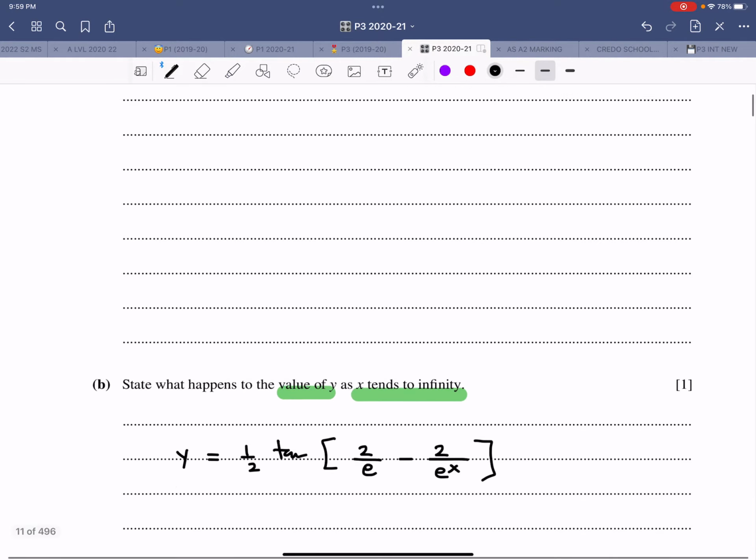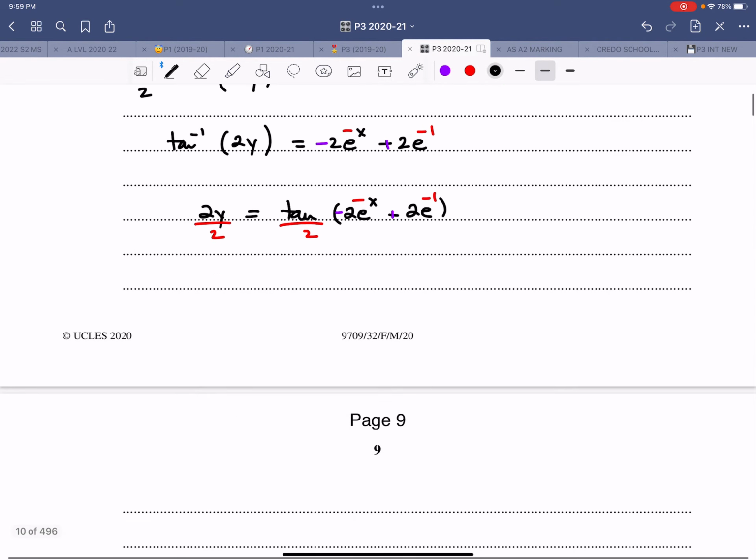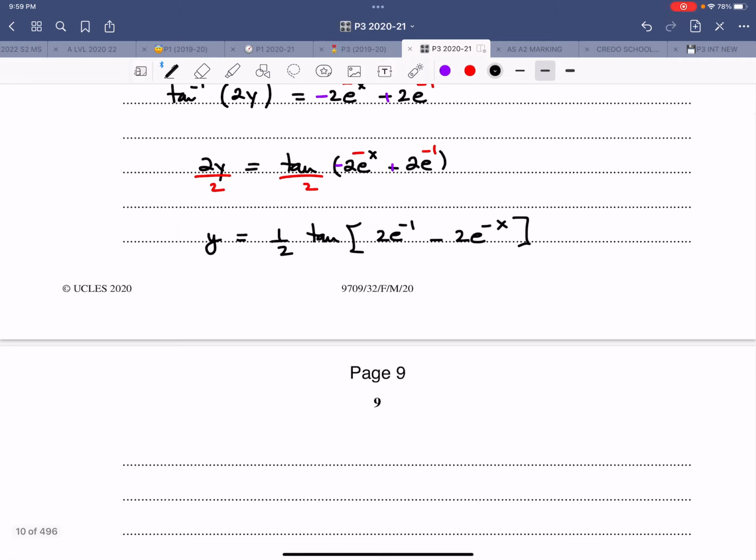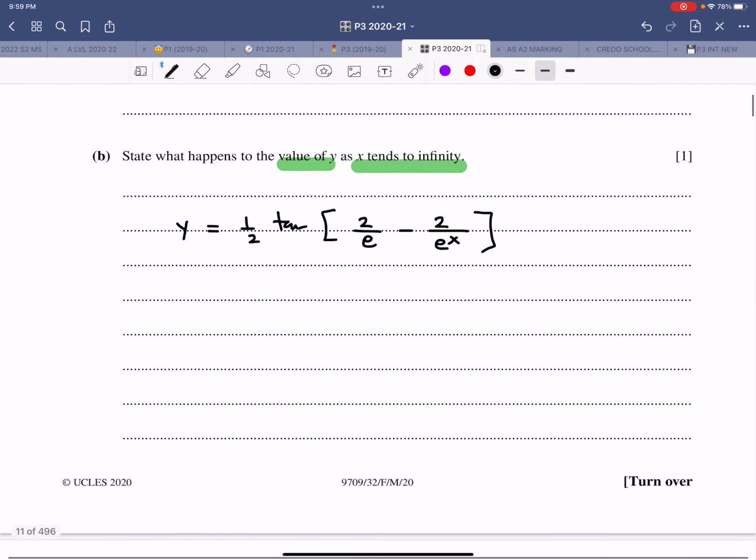What I have done is write y as half tangent, and I have written e minus 1 as 2 over e, and this is 2 over ex. Got the idea? So that's what I've done.